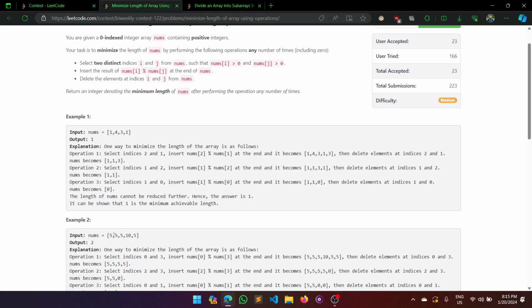Let's say I had 5, 5, 7, 7. Yeah, that's a good example. 7 mod 5 would be 2, and 7 mod 5 would be 2 again. Then 2 mod 2 is going to be 0. So in that case, I'd be left with 5, 5, 0.